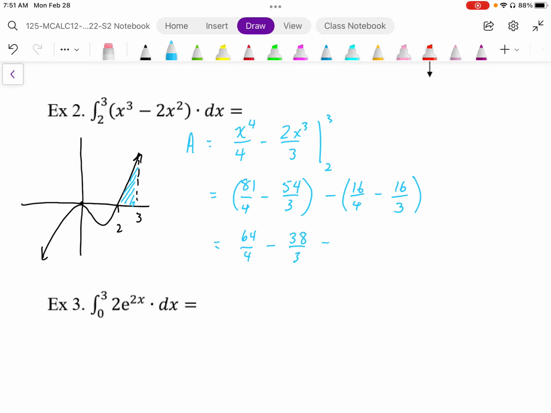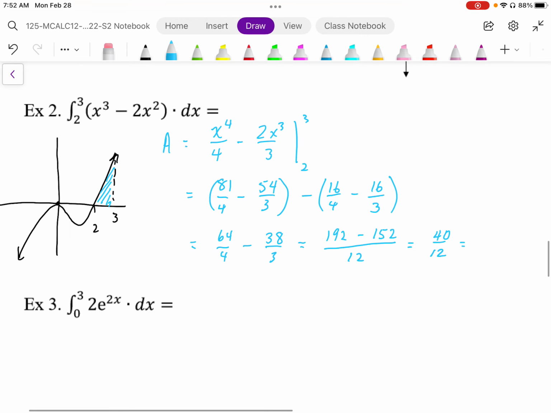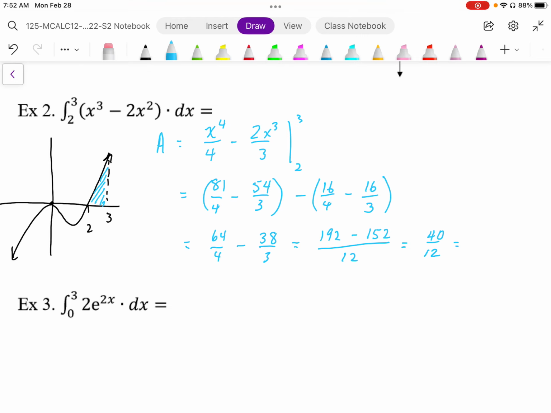Getting a common denominator, that's going to be 192 minus 152, all over the common denominator of 12. So we end up with 40 over 12, which is my area, and which then simplifies to 10 over 3 units squared.